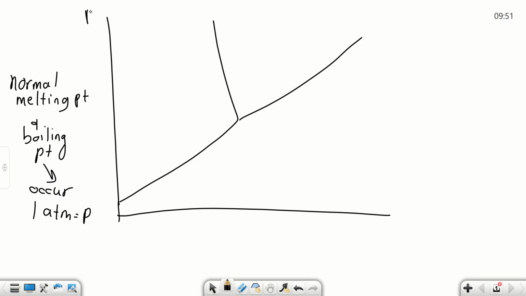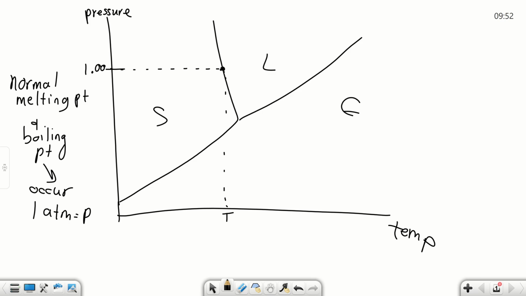So we said this side is pressure, this side is temperature. If you're ever asked what is the normal melting point, and we know this is solid, liquid, gas, what you do is you find where 1 atm is on the y-axis, and you go over to the border. You would then go down and record this temperature. This would be the melting point temperature. That would be the normal melting point.